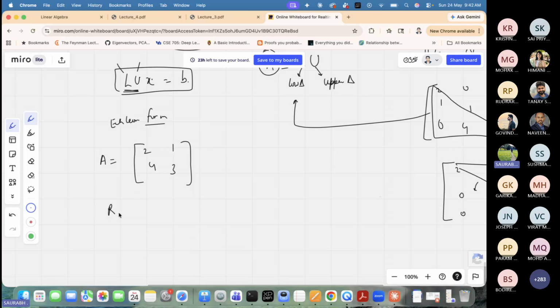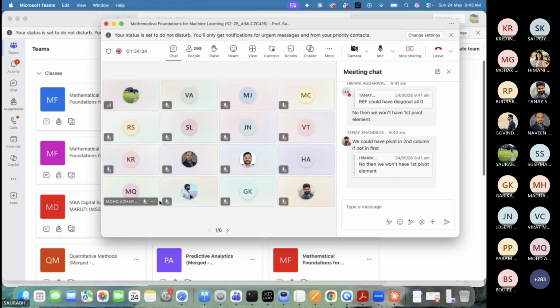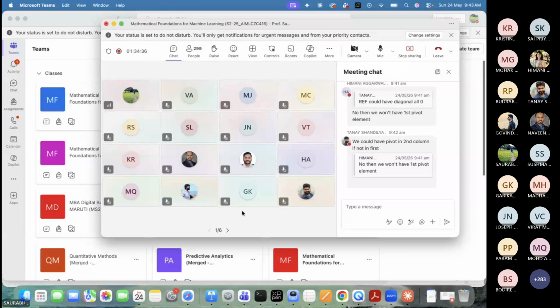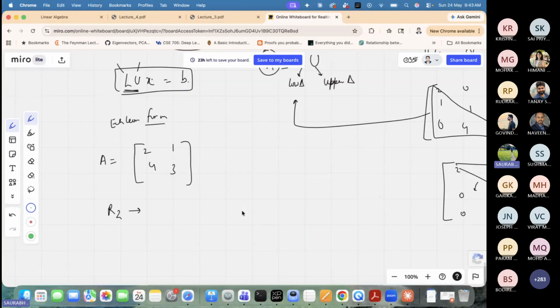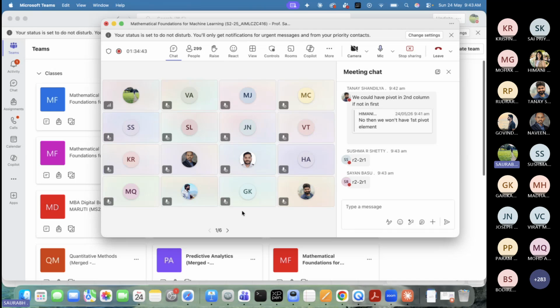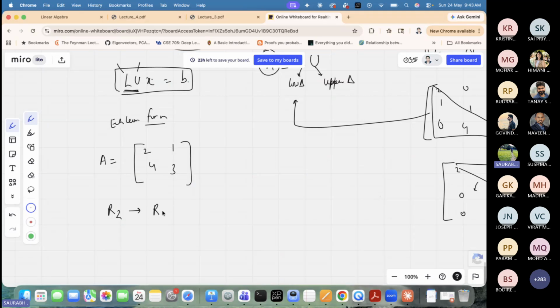I need to do an elementary row transformation. What would that transformation be? R2 equals R2 minus 2R1, right?